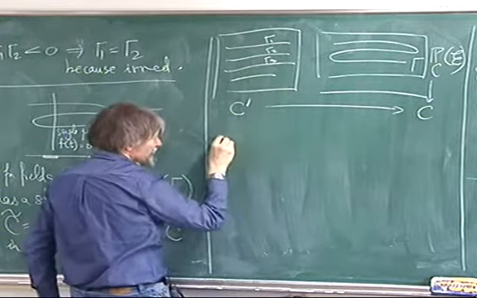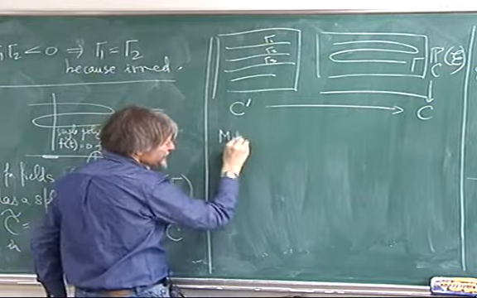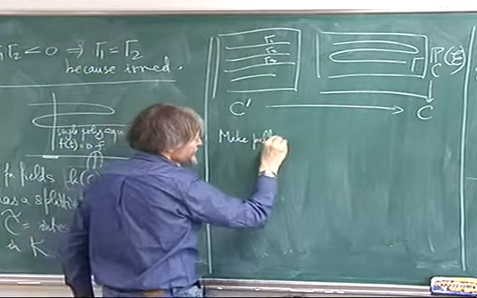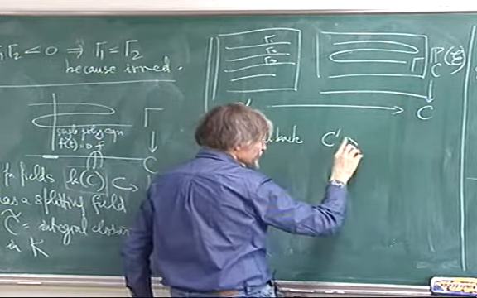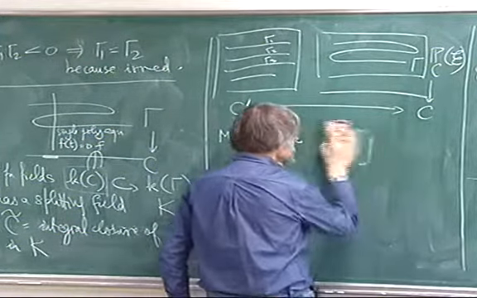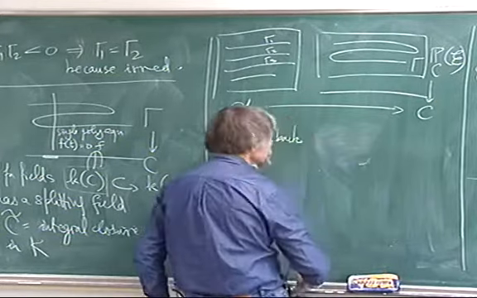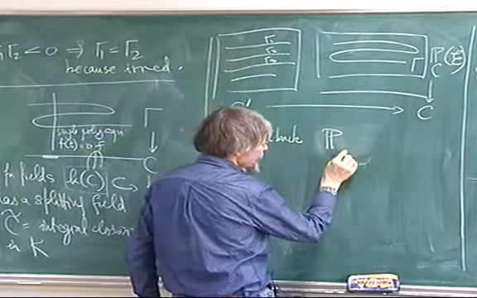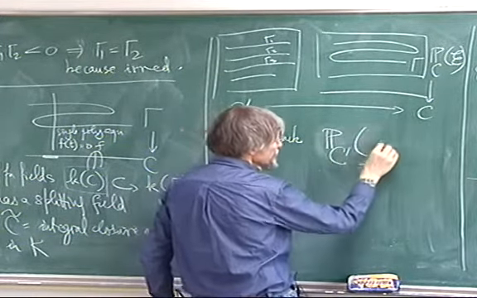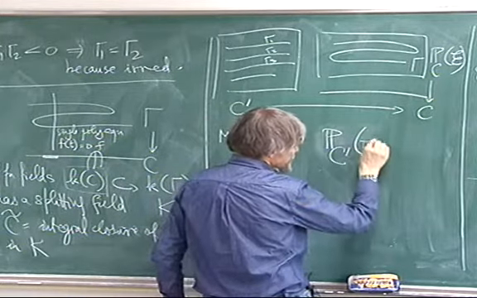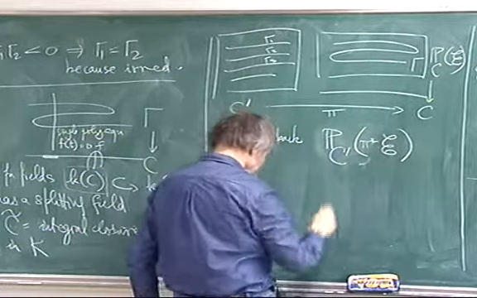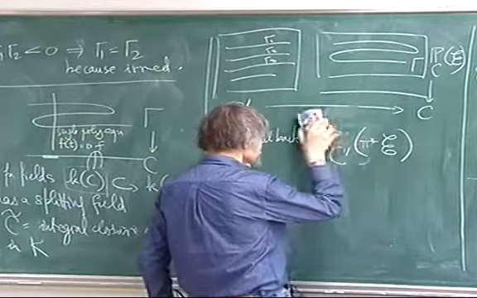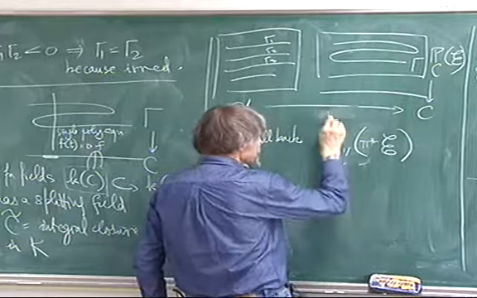Then make the pullback: P over C primed of the bundle pi upper star of E. This map's pi, and maybe this map is psi.